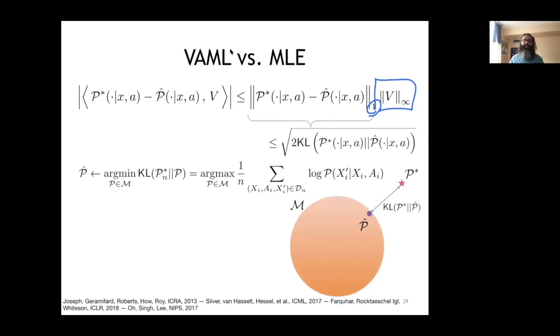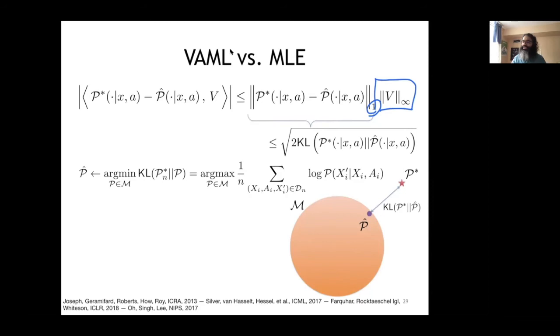So if we define the model class properly and we don't overfit or underfit, then the empirical minimizer of KL, which is MLE, would also minimize the KL. So if we do MLE properly, we get a good bound on KL, which provides a good bound on total variation distance, which provides an upper bound on what we actually care about.